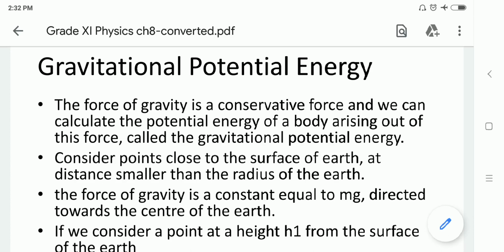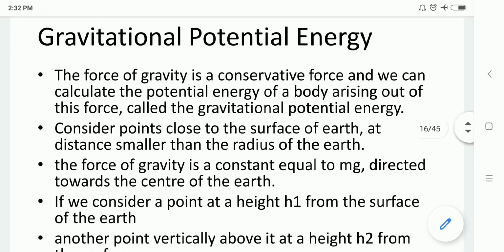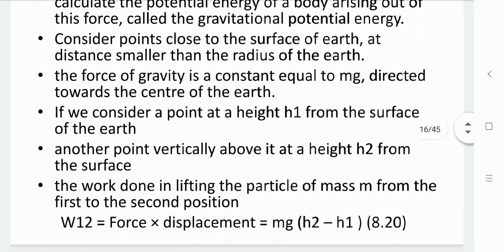So here the work done to lift that object of mass m from the first position h1 to the second position h2 is W12 equal to force into displacement, that is mg into (h2 minus h1).